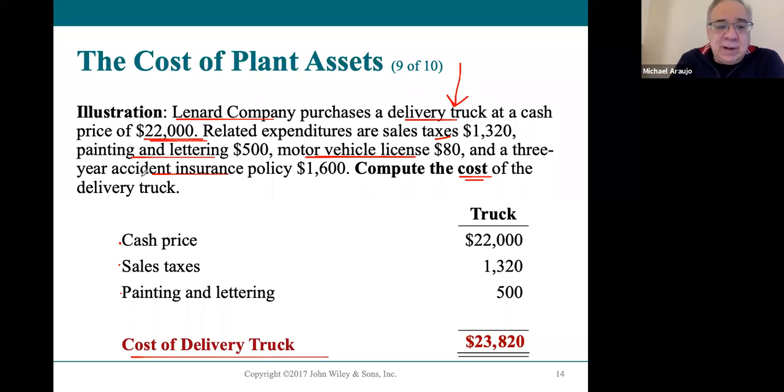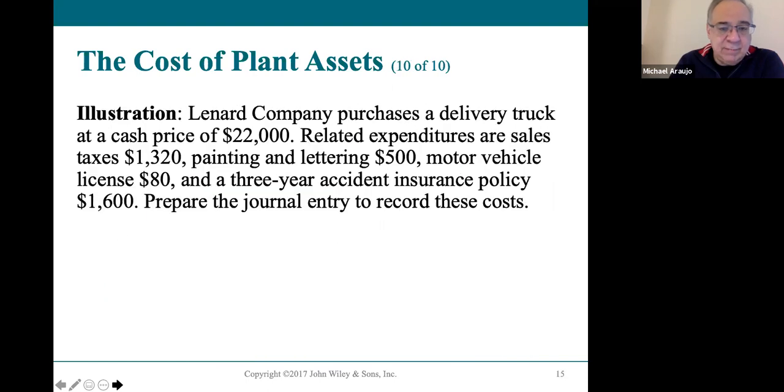And that insurance policy, every time you buy insurance, it's prepaid insurance. Prepaid insurance has its own account. So that's why it's not part of the cost of the truck. But the cash price, the sales tax, and the painting and lettering is required to get that truck ready for use. Again, that's important.